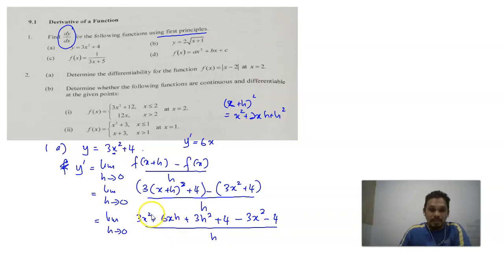Okay, so let's simplify one by one. 3x squared minus 3x squared, 4 minus 4. Okay, so we get h and h squared here.